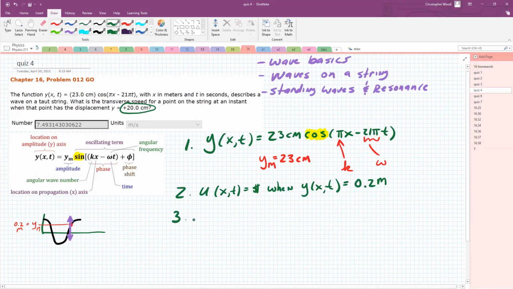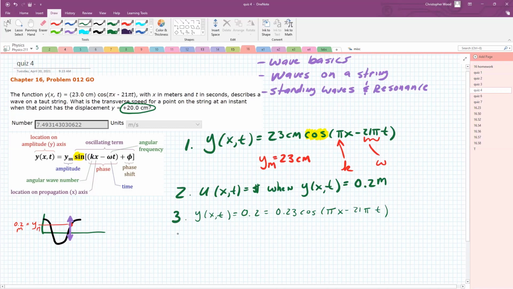Okay, so let's find y, which is a function of x and t, equals 0.2 equals 0.23 cosine of pi x minus 21 pi times t.